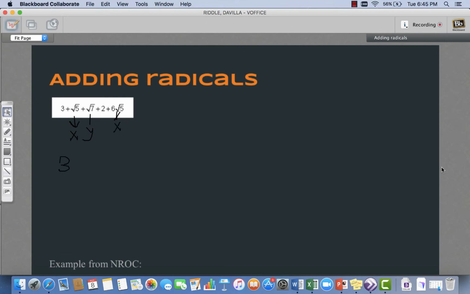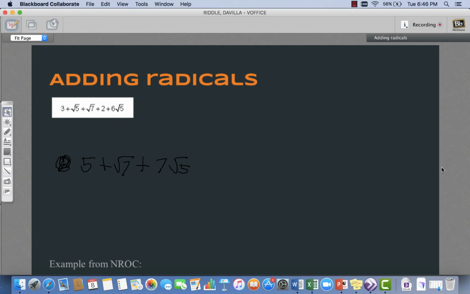So you can see that those would combine together. 3 and 2 are regular integers, so they can combine together. 6, 4, and 5. We can't really combine anything with radical 7, so it just stays put. And this radical 5 will combine with that 6 radical 5 to form 7 radical 5. Similar to how if you had x and 6x, it would have been 7x in the end.